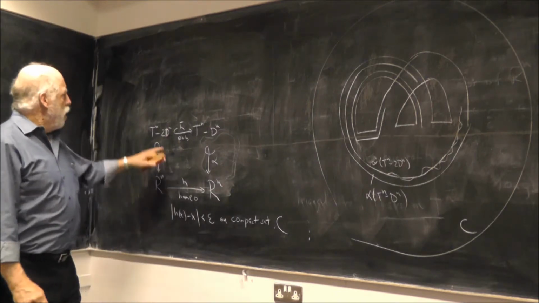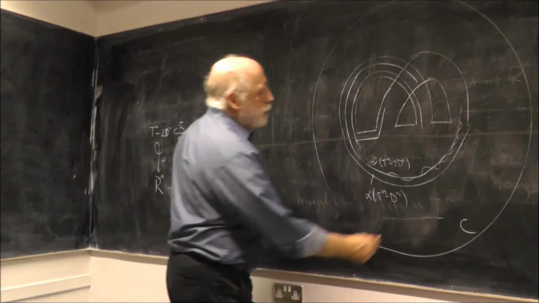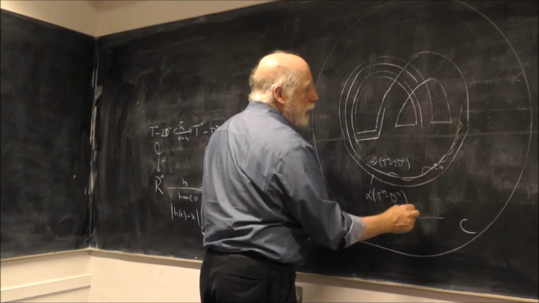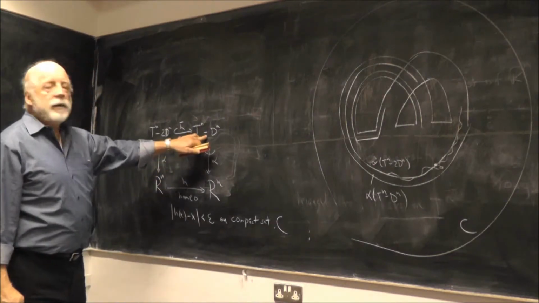Just because where does the point go? Well, this point moves, say, over to here, and that lies inside the other image, and since it lies inside the other image, it's in here.